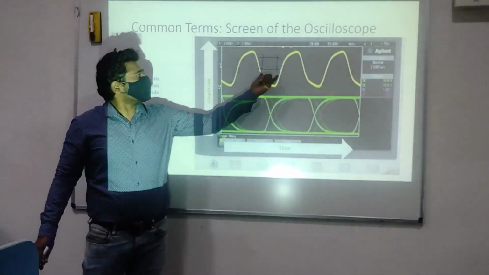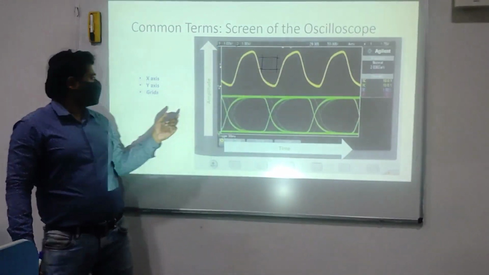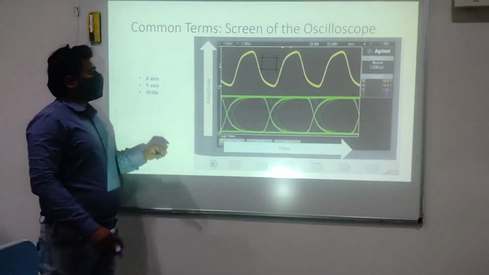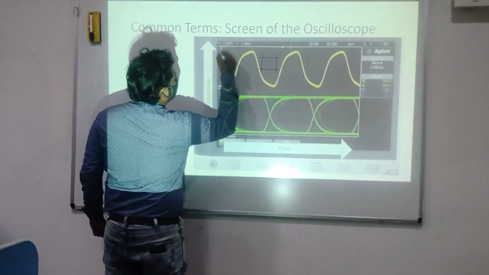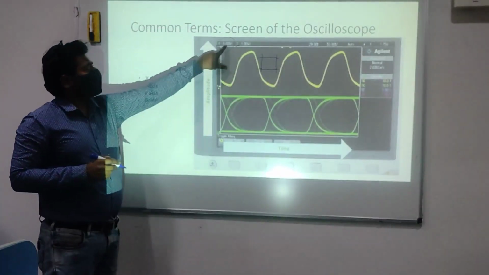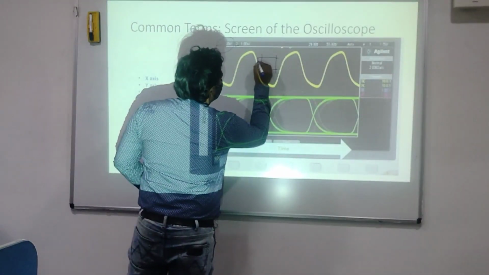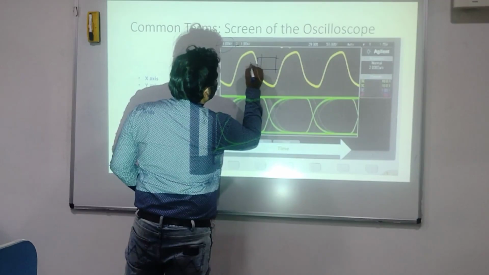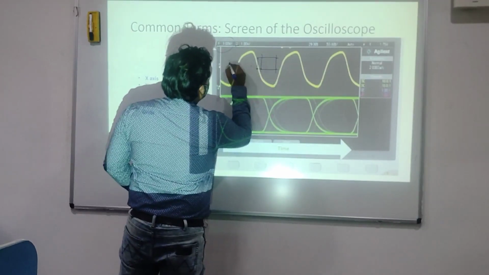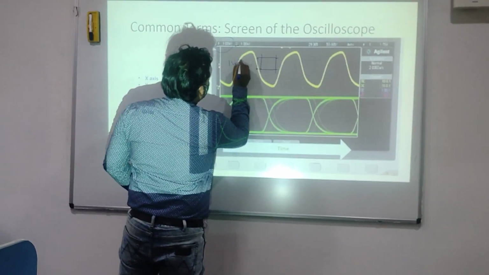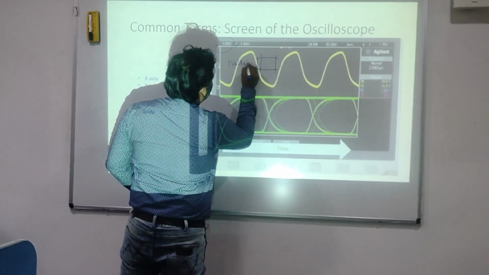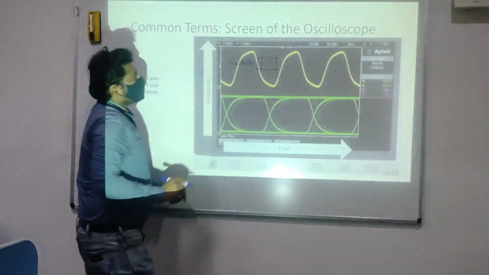We say this is a grid. The next term, grid. What this grid does is help us in the measurement. You see here 1 volt. Since this is for voltage, this says 1 volt per division.